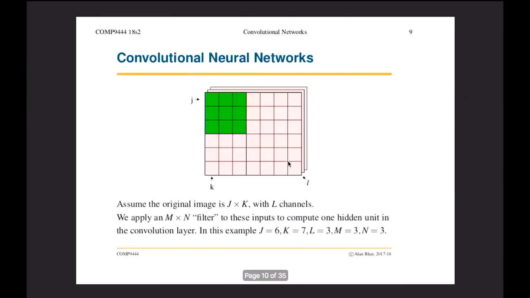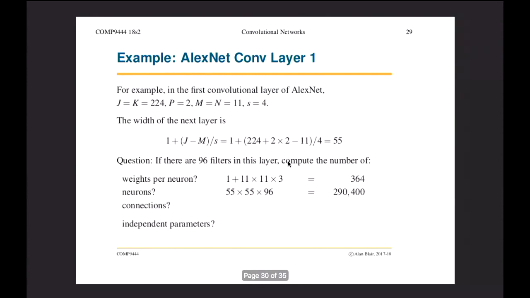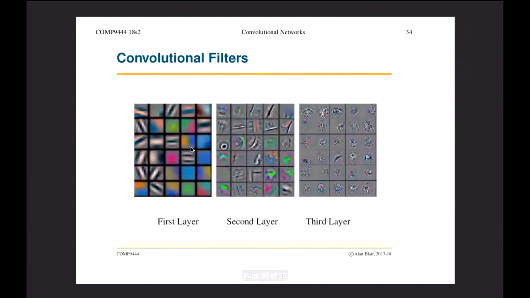Well, maybe I'll just skip to the end just to show you, that once these convolutional networks are trained, we can actually do some visualization using the same kind of techniques we discussed last week.